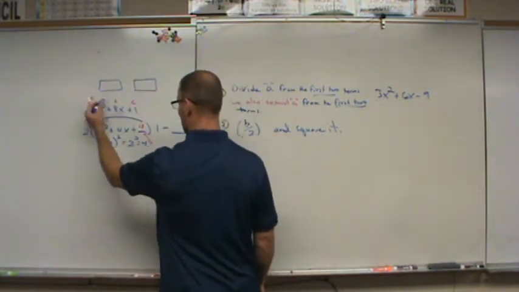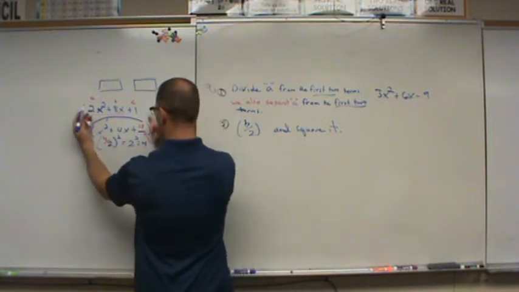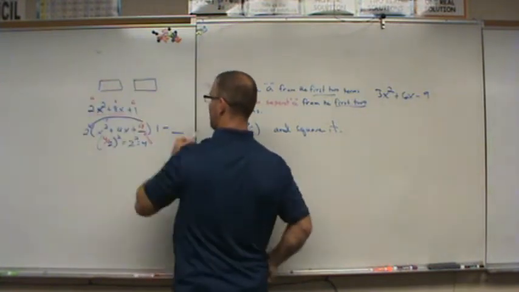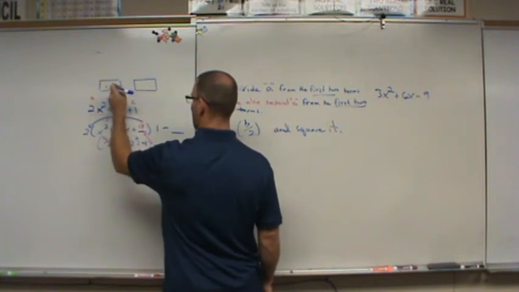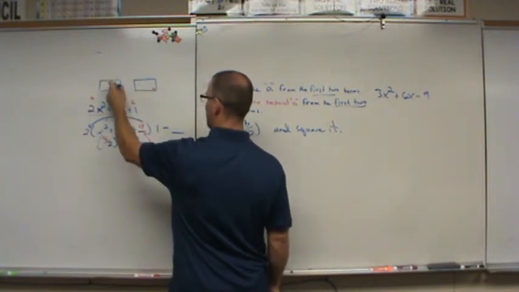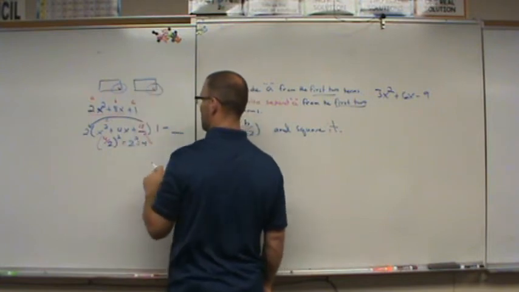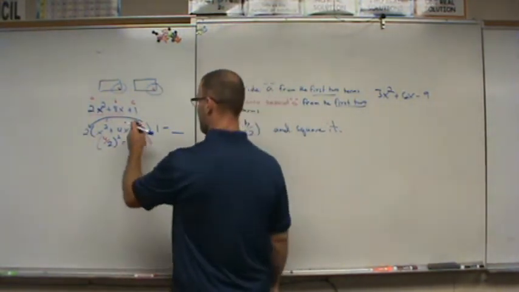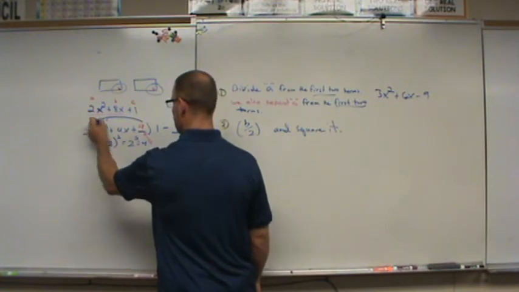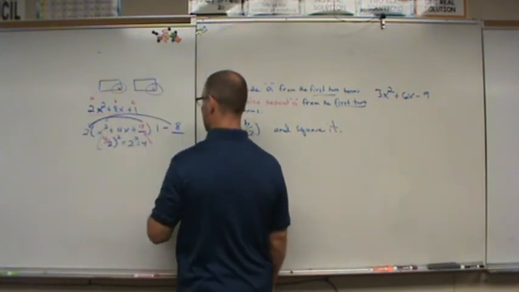I'm dealing with 2 of them. But the parentheses tell me about them individually. So this 4 is individual per model. Remember, it's the little single unit squares per model. So if the 4 is individual per model, how many am I really adding? I'm really adding 8, so I have to subtract 8.